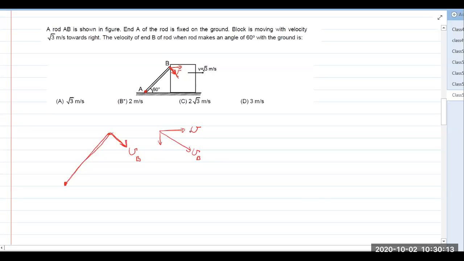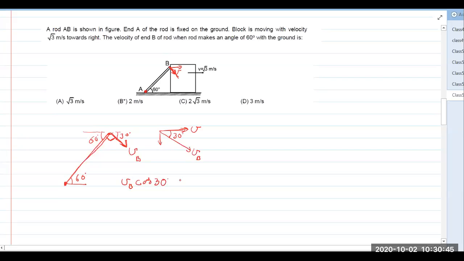Okay. So let us see how v and VB are related. You can find this angle is 60, this angle is 60, this is 90, and if you draw a line like this, this will be 30 degrees. If this is 30 degrees, then VB cos 30 is along the horizontal direction.